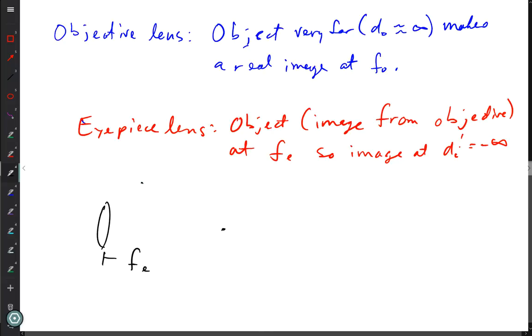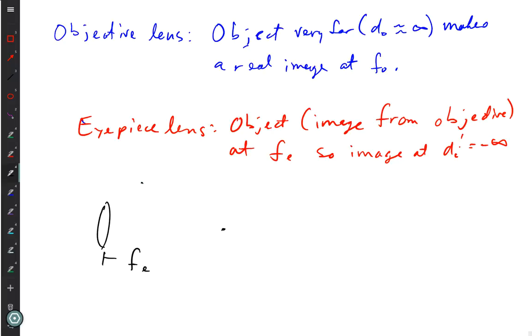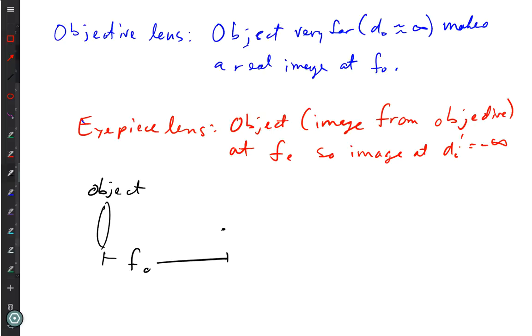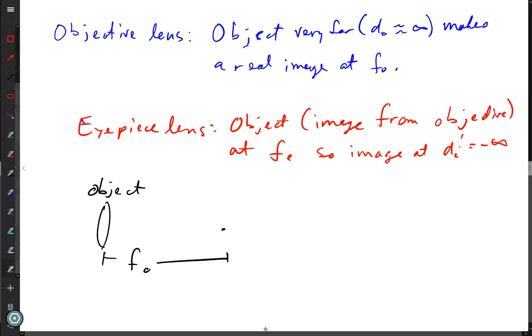By convention, we almost always show light coming from the left. The objective is the one that's facing the object. So there's the focal length of the objective where my intermediate image is formed. And then I'm going to have my eyepiece.